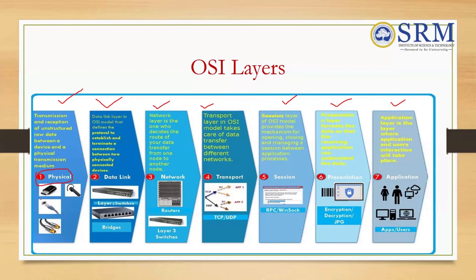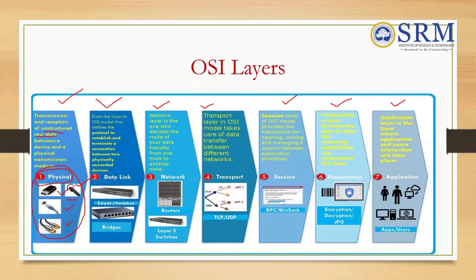To connect those devices, we use different types of physical media: Ethernet cable, pen drive, Bluetooth. Whatever physical devices we use for communicating information from one place to another is called the physical layer. Here your data will be in the format of unstructured raw data, which is transmitted from one place to another using the physical media. That is the physical layer.